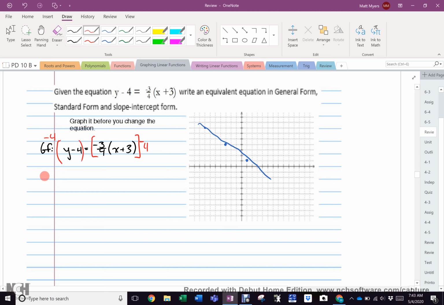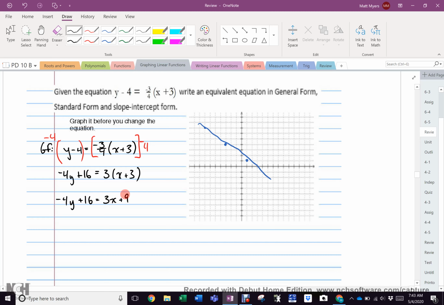So I now have -4y plus 16 equals -3, because I'm only getting rid of the 4 and the -3x plus 3. Now I get rid of the brackets. -4y plus 16 equals 3x plus 9.